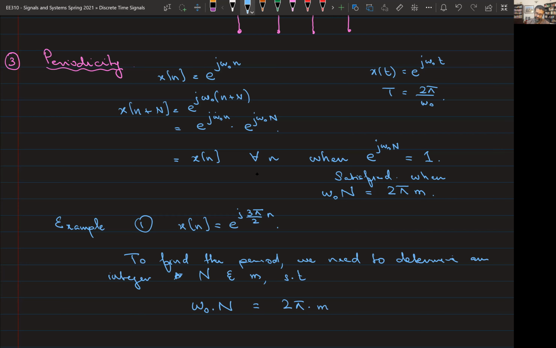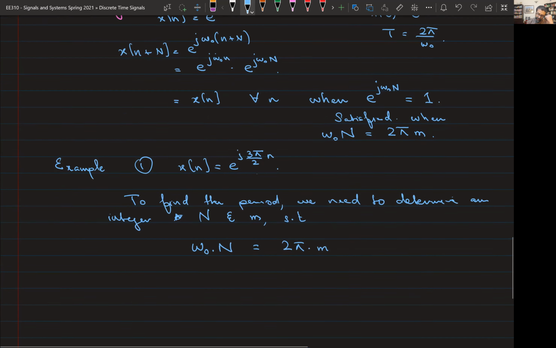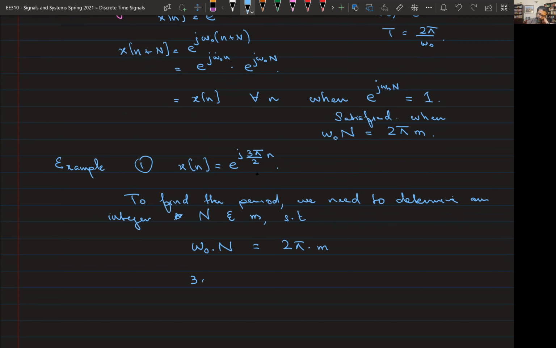And that's how I visualize this. So omega naught is 3 pi by 2 times N. So the question here is, what should capital N be such that when you multiply that capital N with 3 pi by 2, you get something which is an integer multiple of 2 pi? What's the answer? The smallest value of capital N which satisfies that property.